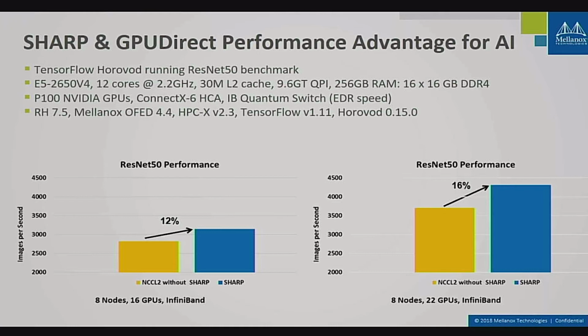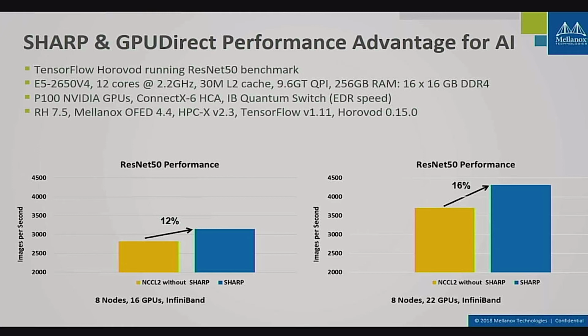So we show that accelerating AllReduce with SHARP does not just accelerate a benchmark. It's very easy to show an AllReduce benchmark and show that we do that faster. That's not enough. This one is showing real training of the ResNet-50 neural network with the ImageNet database on GPU systems with 8 nodes 16 GPUs and 8 nodes 32 GPUs.